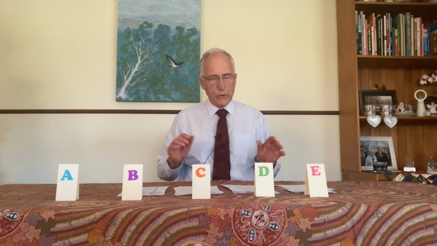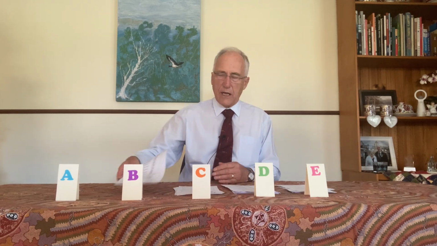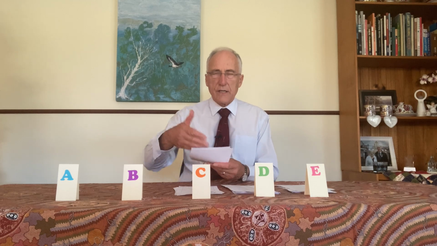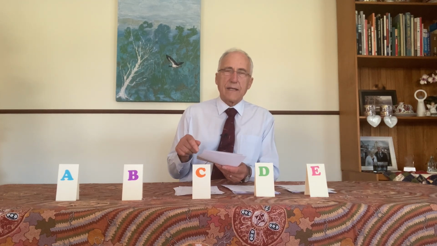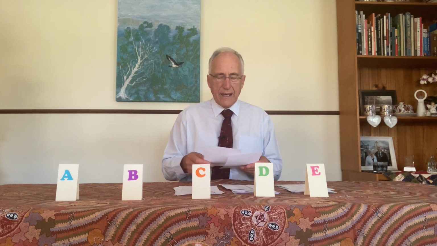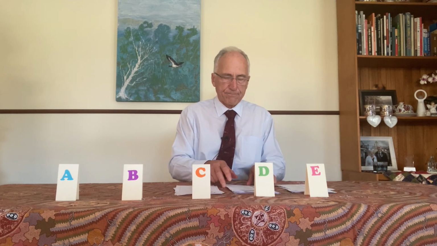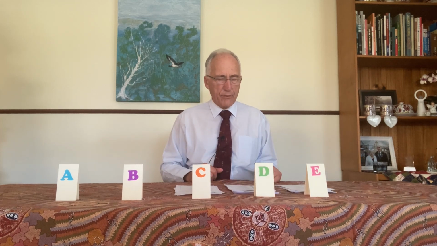Then they look again, who has the lowest number of votes? It looks like B's got the lowest number, so the next vote down is the one that now counts. And so they get distributed. It's called allocating preferences. And now we've got 3 candidates. Who has the least number of votes?